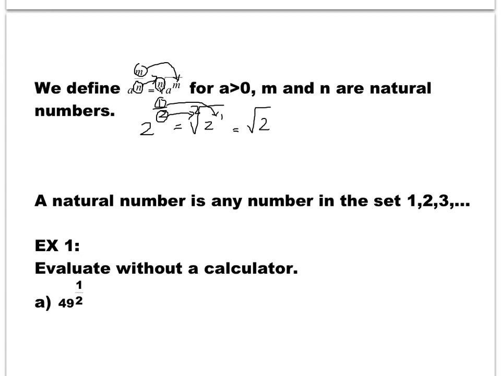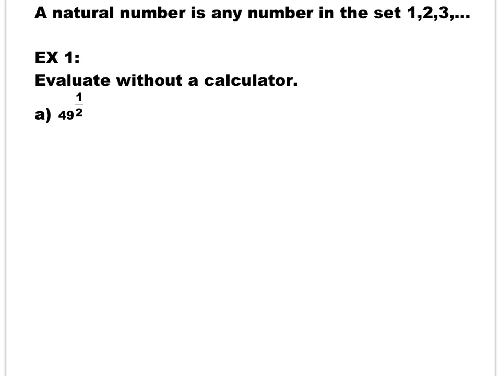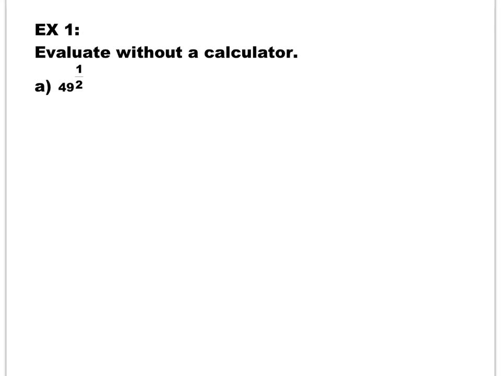So let's do a couple of examples here. The first question is, how do you evaluate 49 exponent 1 over 2 without the calculator? I know that 49 can be written as 7 exponent 2, and then exponent 1 over 2.